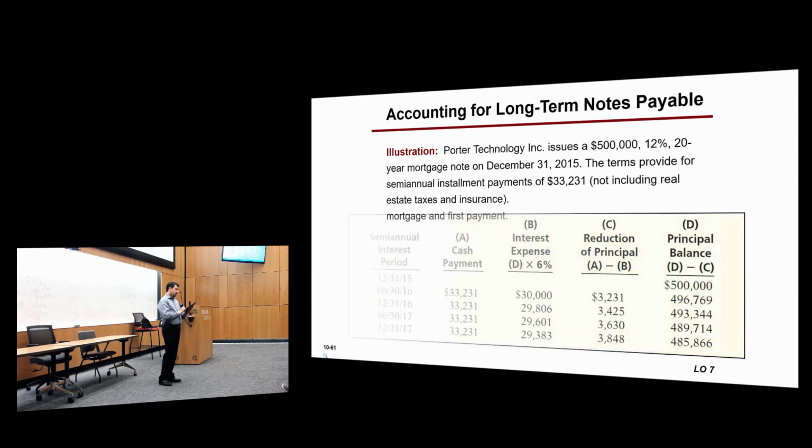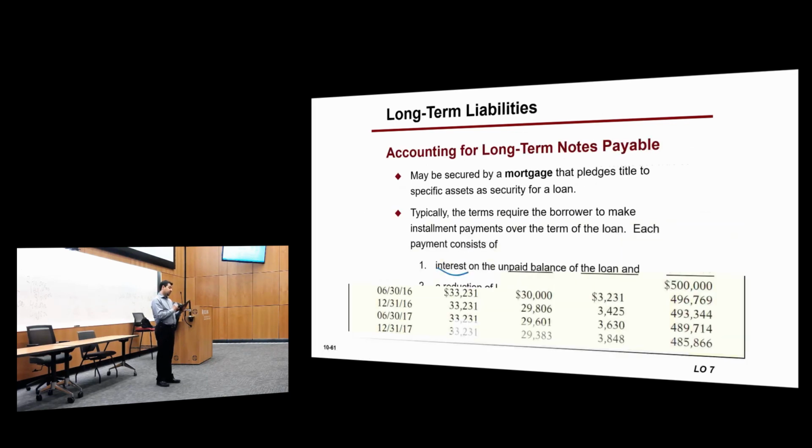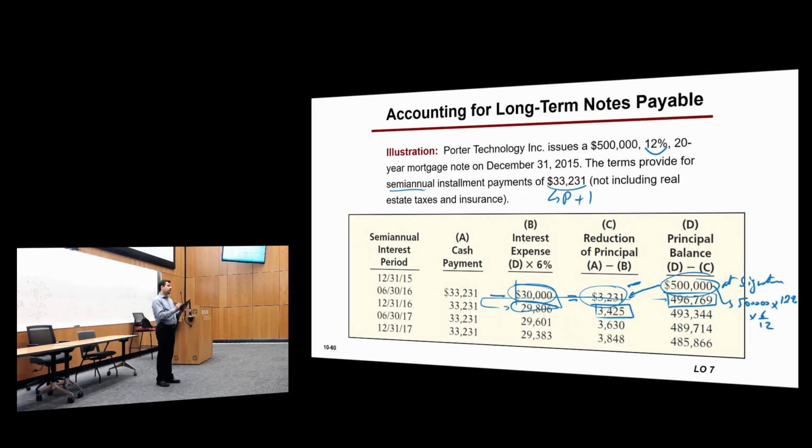The company will debit interest expense 30,000 and debit mortgage payable 3,231. They will credit cash for the semi-annual installment. The next time they make the second payment, it will be the second amount in the table here, so the journal entries will be 29,806 and 3,425.